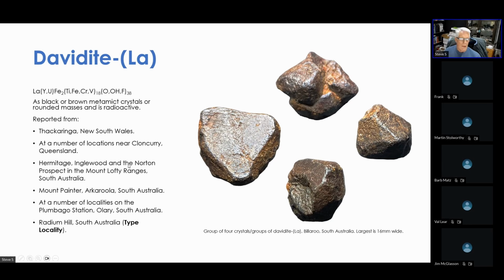X-rays don't show the crystal form, and it's reported from a number of areas, but for the most part they all look like brown lumps like this, or brown to black, and generally rounded. They can be quite large. The largest here is 16 millimeters, but they can be 60 or 70 centimeters across in some areas.